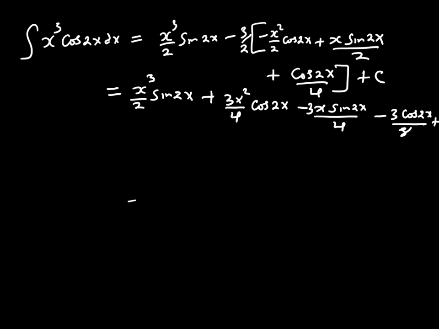That's our result for this integral. It's really a long way, you know, very painful. If you're not so strong, you may give up on the way. But let's check on this.